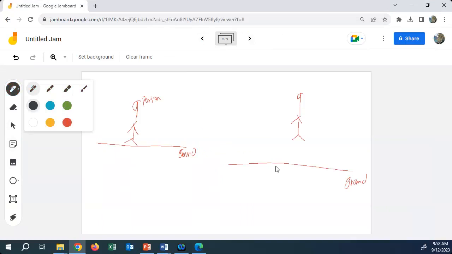Good. So the ground is a surface, yes? Exerting normal force on a person, we call it Fn. Let me just write Fn.